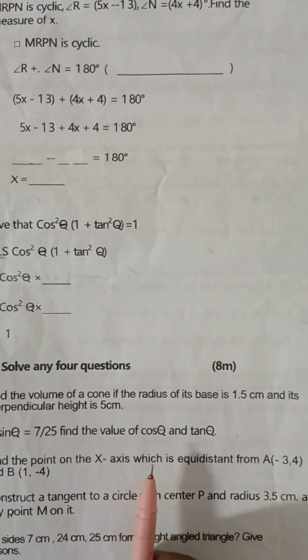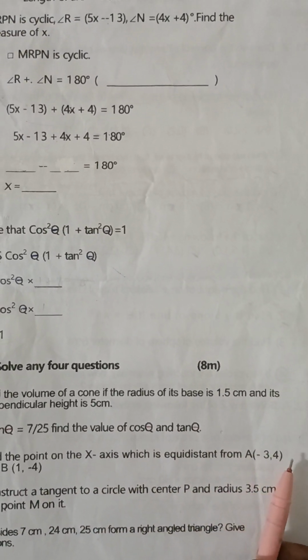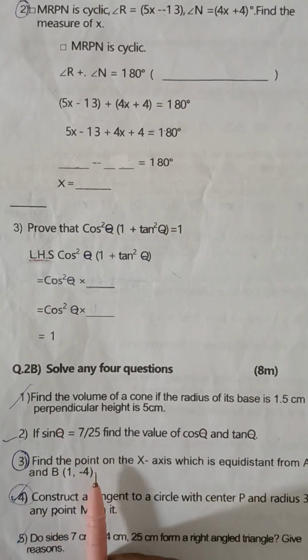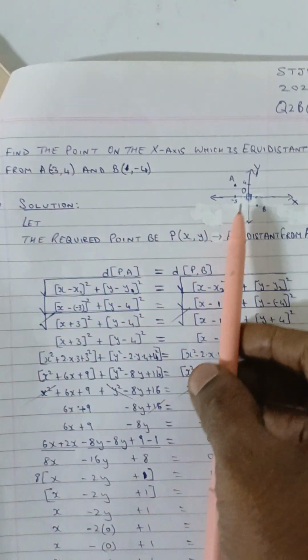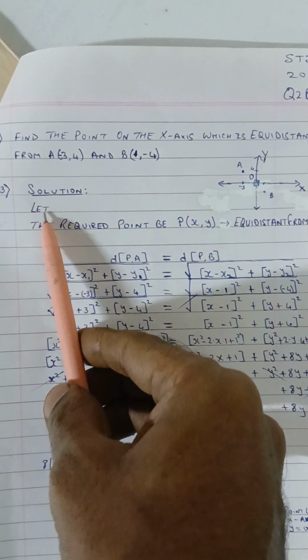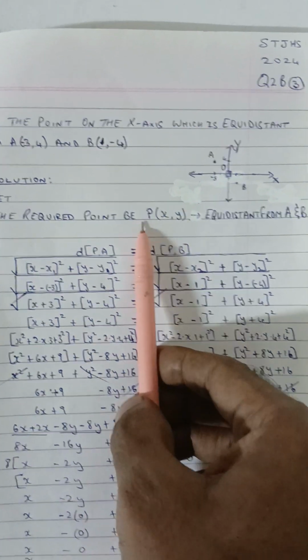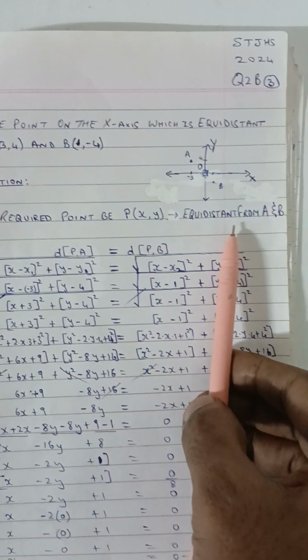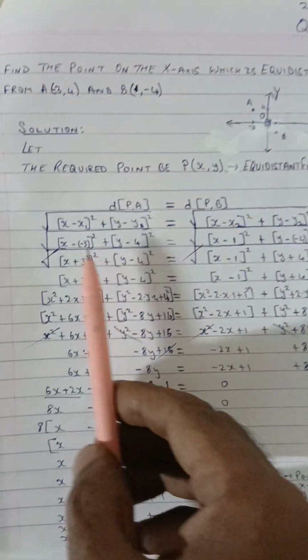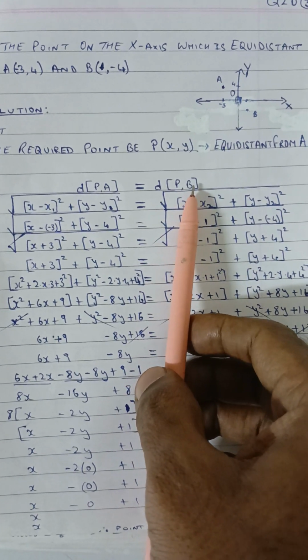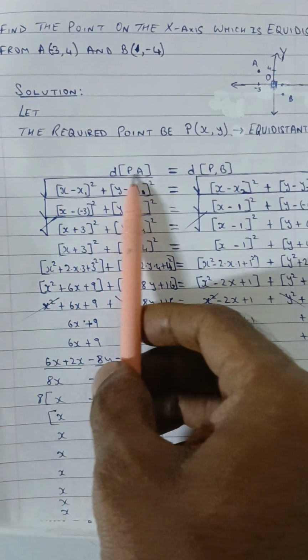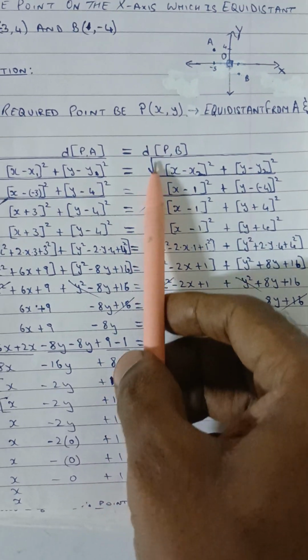Find the point on the x-axis which is equidistant from A minus 3, 4 and B 1, minus 4. Here is the solution. Let the required point be P(x, y), equidistant from A and B. Distance PA will be equal to distance PB. Take the distance formula for PA and distance formula for PB.